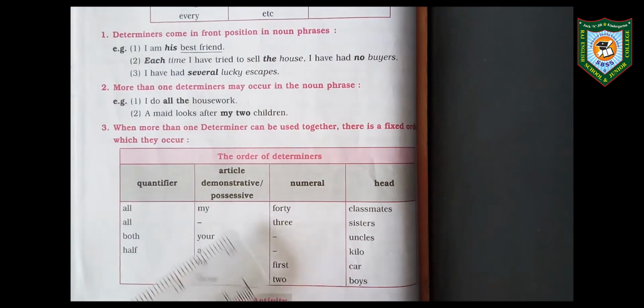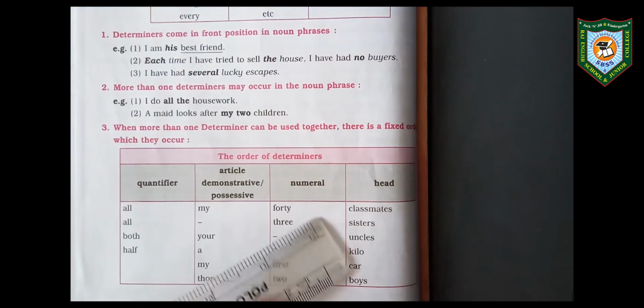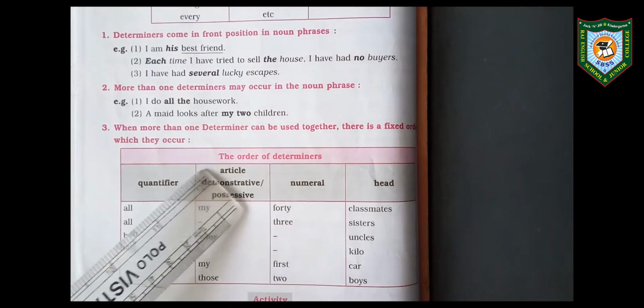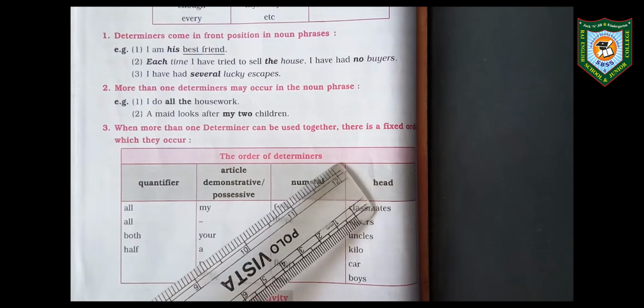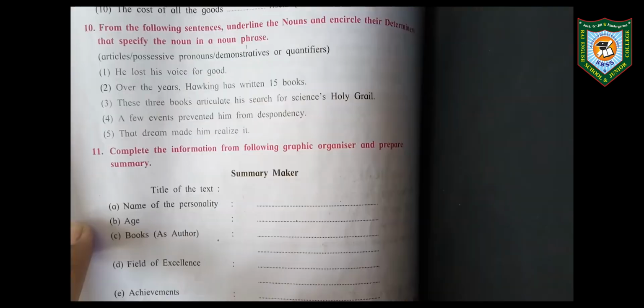Then numeral, first, two, these are numerals, and last is the head. Okay, classmates, sister, uncles, kilo, car, boys, these are related to head. Actually, it is a kind of order of determiners. Let's take a glance only because it is not compulsory. We just want to find out determiners.